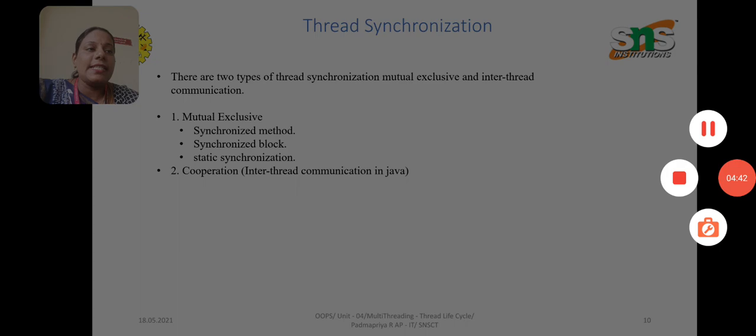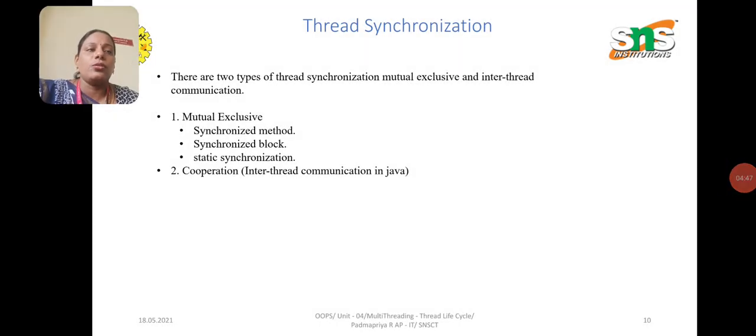Cooperation means inter-thread communication in Java. These are the two types of thread synchronization, and in further classes we will see each type individually, along with inter-thread communication.